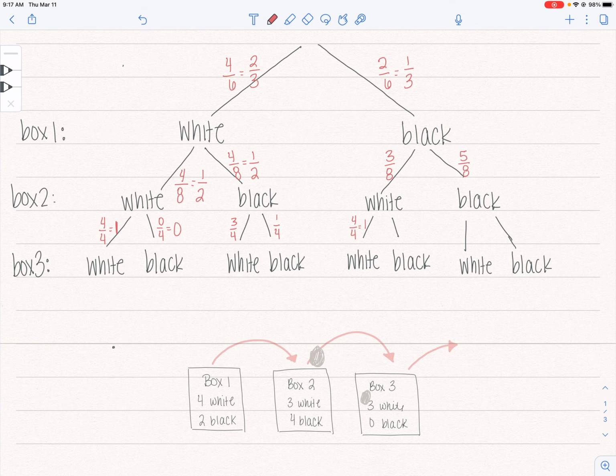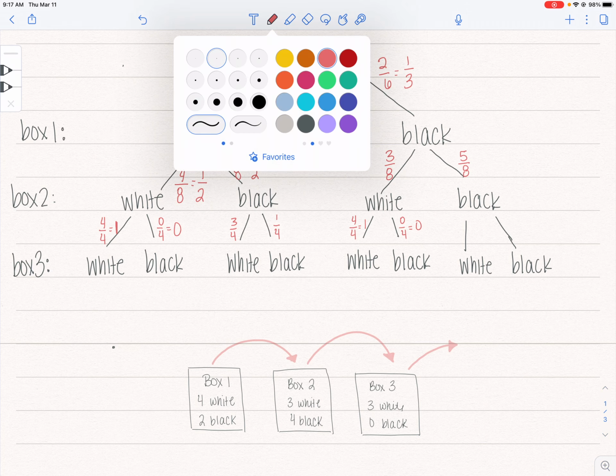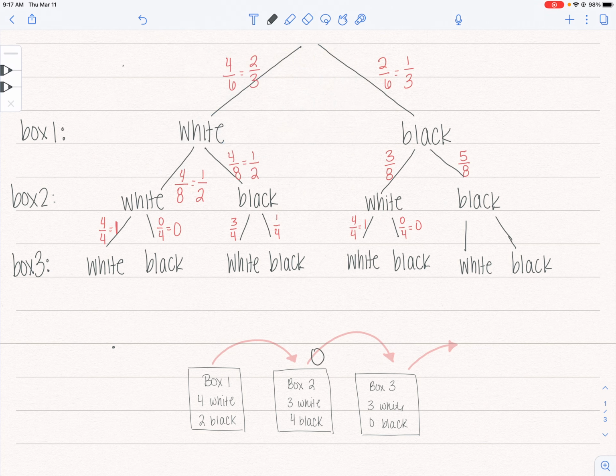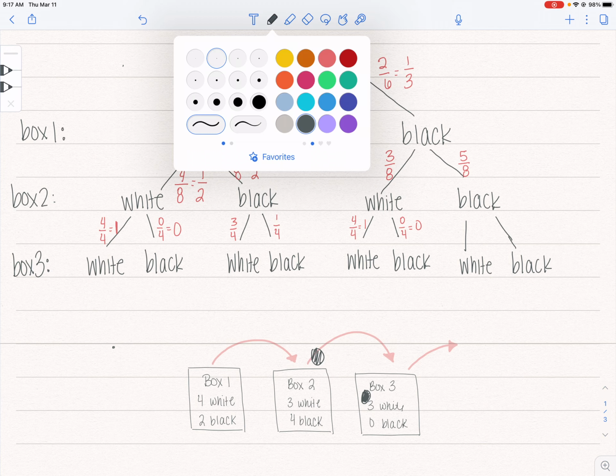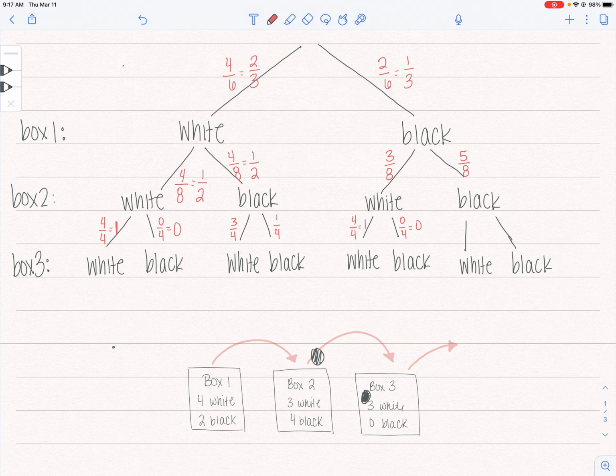The probability of black is going to be 0 out of 4, or 0. Now I'm assuming that I drew a black ball out of box 2, and I'm going to drop it into box 3. So the probability of drawing a white ball out of that box is going to be 3 out of 4, and the probability of drawing a black ball is now 1 out of 4. So there's my factor tree.